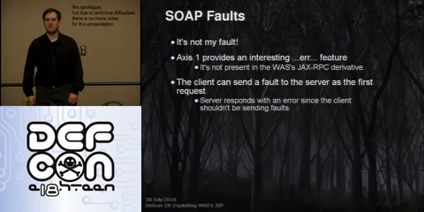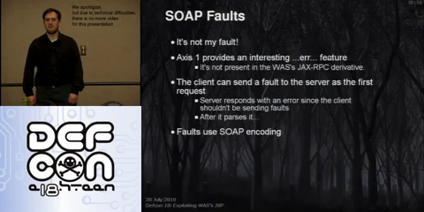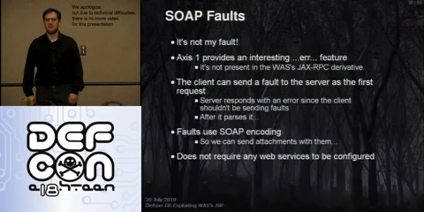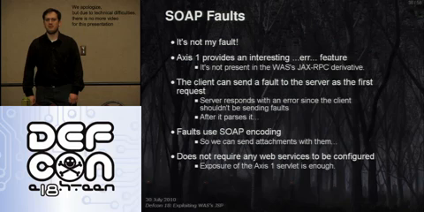I'm supposed to send you faults, not vice versa. But the nice thing is that it parses it anyway first. And just for fun, SOAP faults use SOAP encoding, so we can send attachments with them too. So not only are we sending a fault, we're sending a fault with an attachment. And it also doesn't require any web services to be actually configured in Axis 1. It just requires the exposure of the Axis 1 servlet itself, which is plenty enough to actually get this to work.